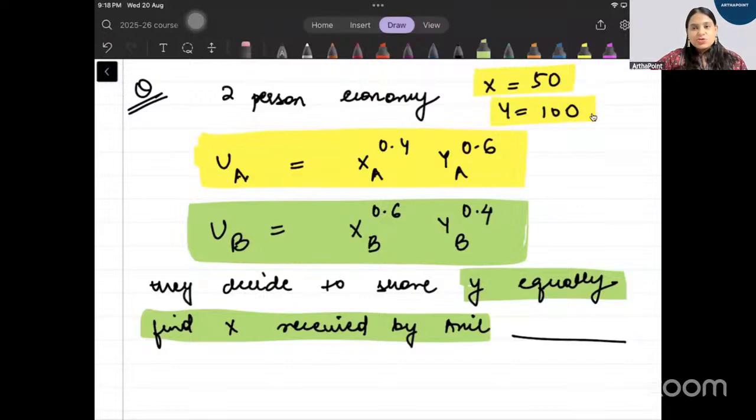Okay, try to do this question. Tell me what the answer would be. It's a 2-mark question.